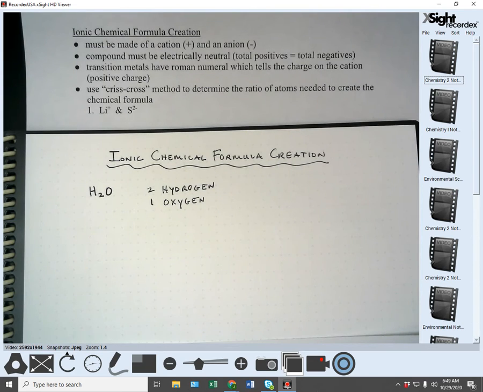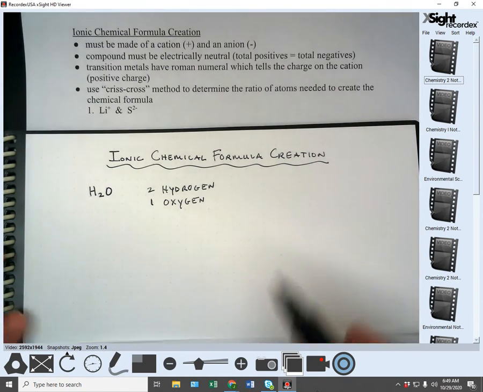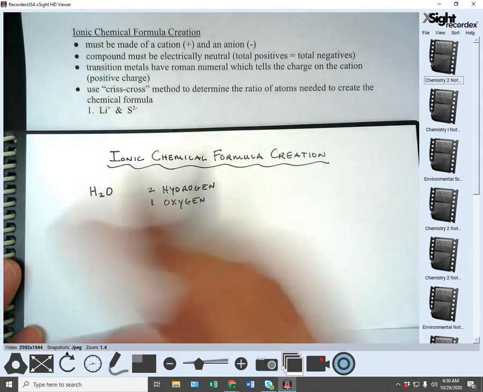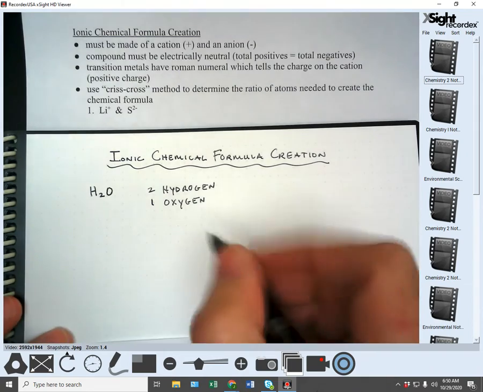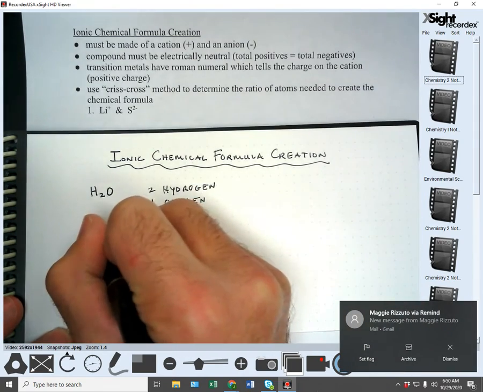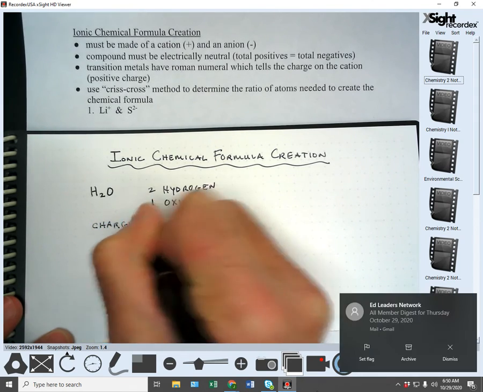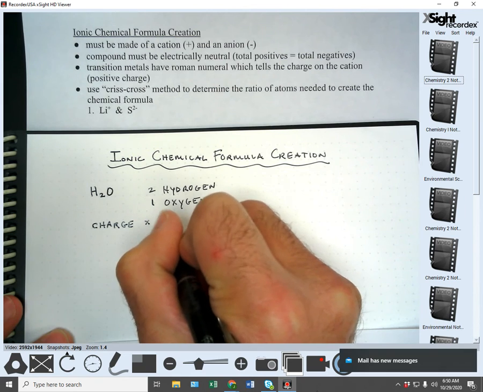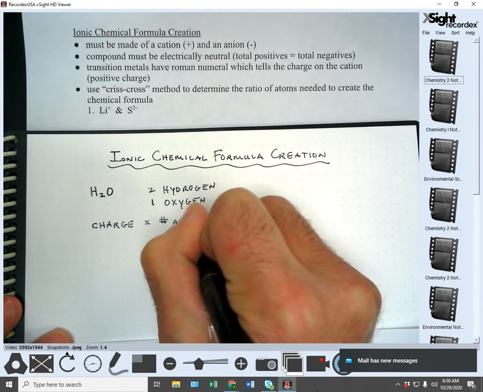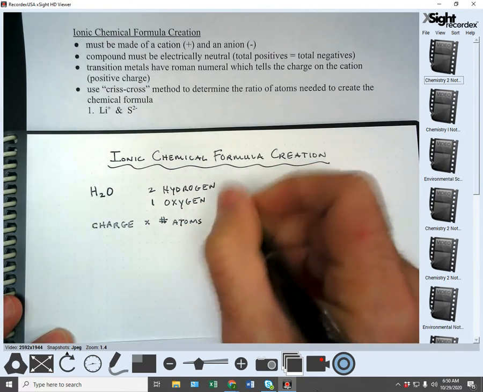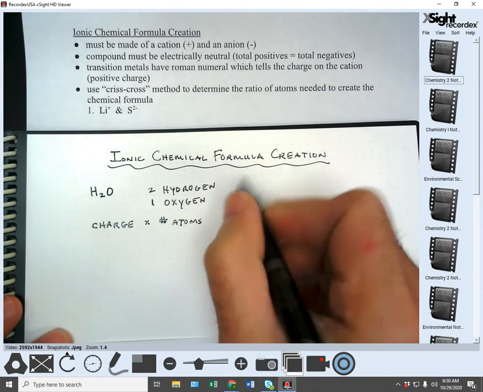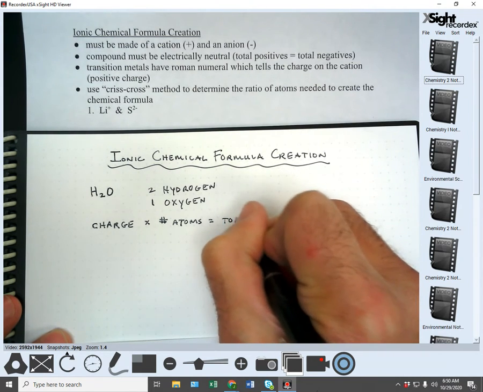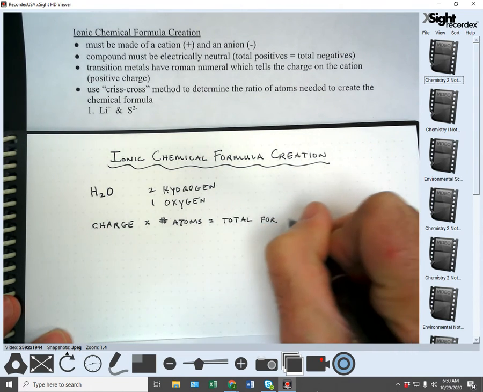So essentially you can almost think of it like an equation where to figure out the overall charge on the whole compound, you take the charge times the number of atoms and you do this, and then you get the total for that element.